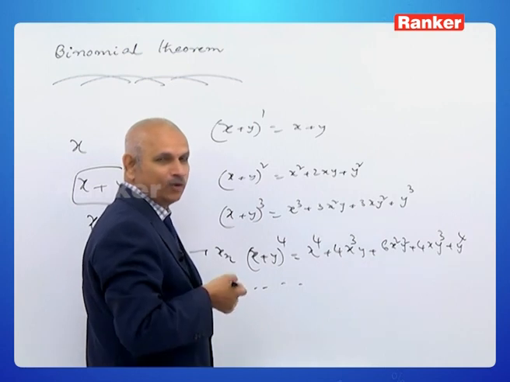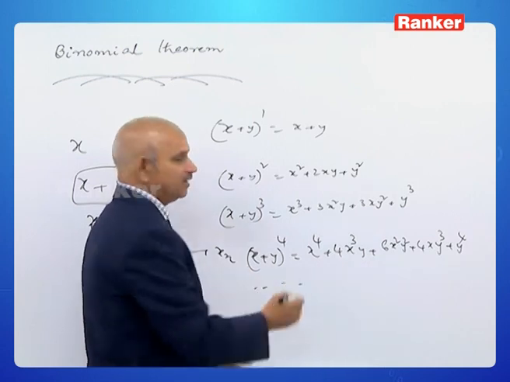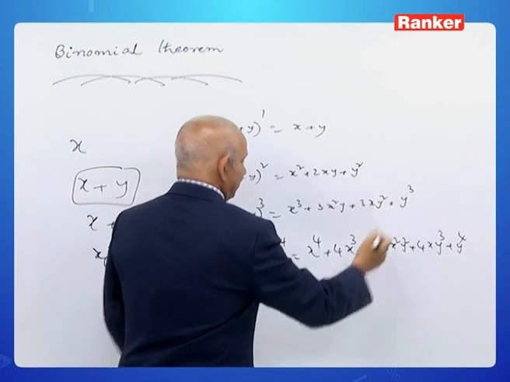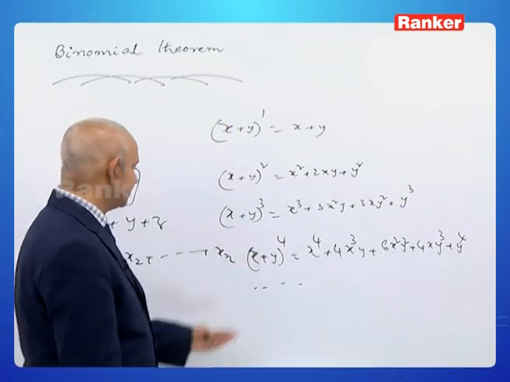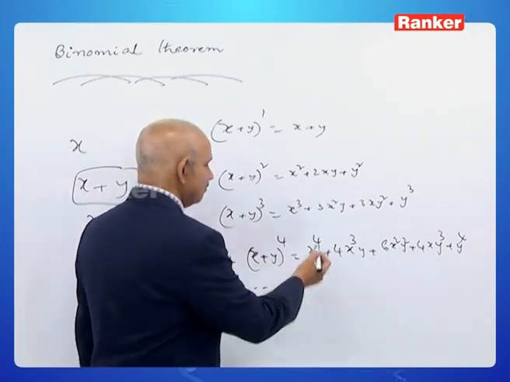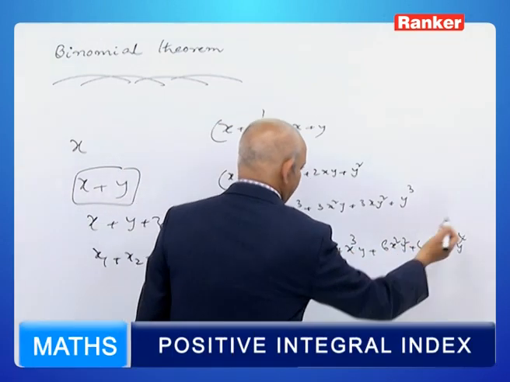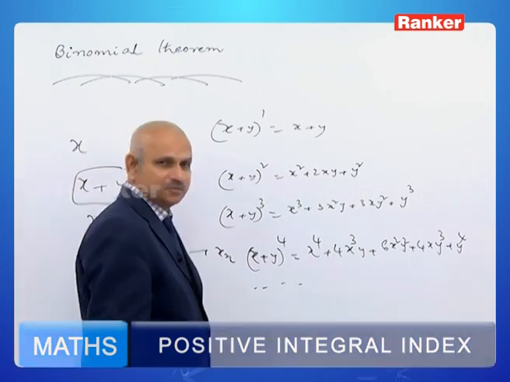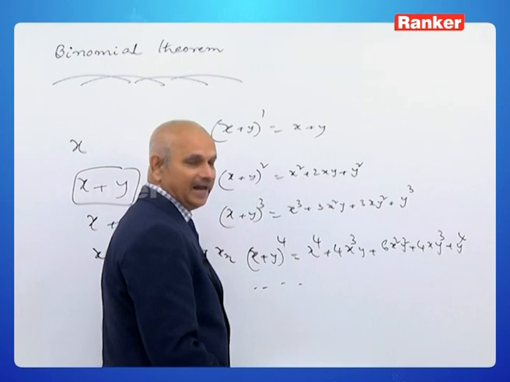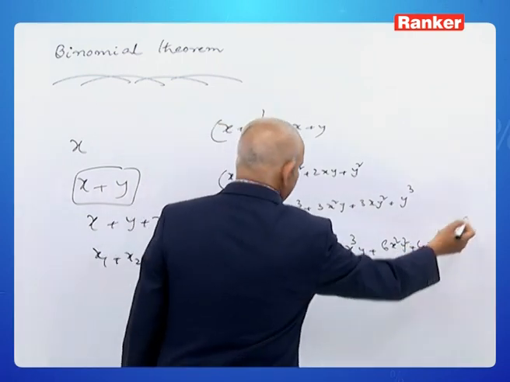Powers of x will be going on decreasing. Powers of y, 0, 1, 2, 3, are in an increasing mode. Just like that, observe x plus y whole to the power of 4: 4, 3, 2, 1, 0 with respect to the powers of x, and with respect to the indices of y, 0, 1, 2, 3, 4.